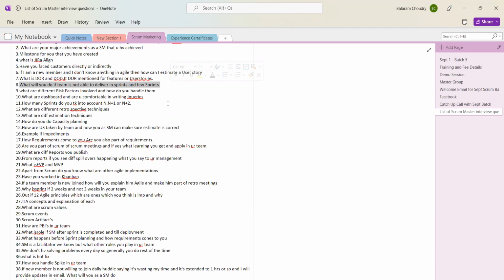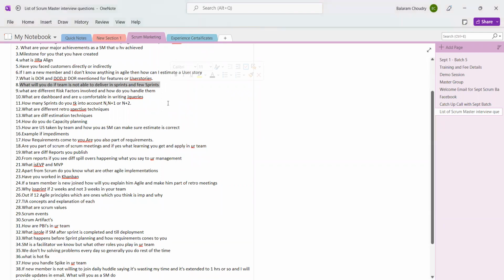Now coming to multiple sprints, if the team is not delivering consistently, it means the planning is not happening properly. There could be a situation where the team is not able to open up about the challenges they have, there is very poor coordination between the PO, Scrum Master and team members, and there is no transparency.